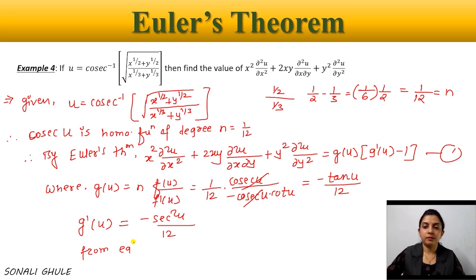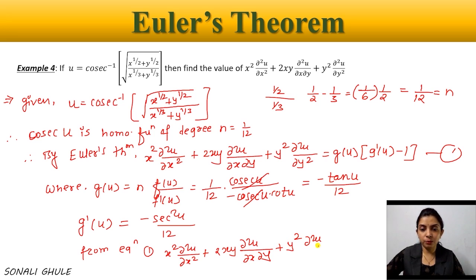From equation 1, x square ∂²u/∂x² + 2xy ∂²u/∂x∂y + y square ∂²u/∂y² is equal to, simply put the values of g of u and g dash of u.